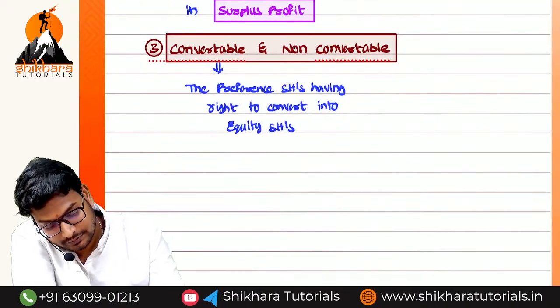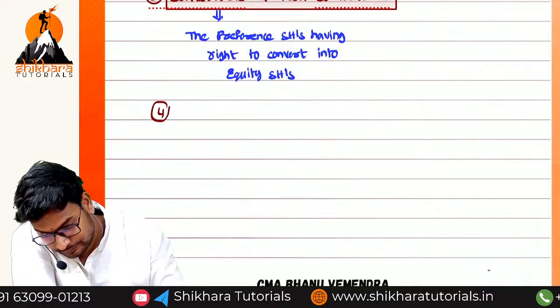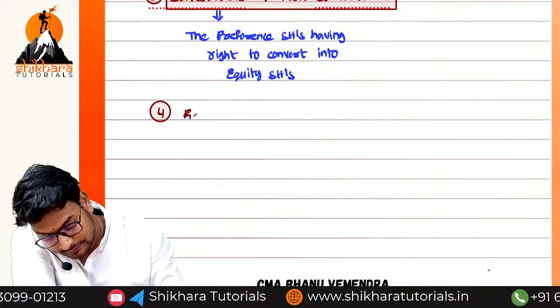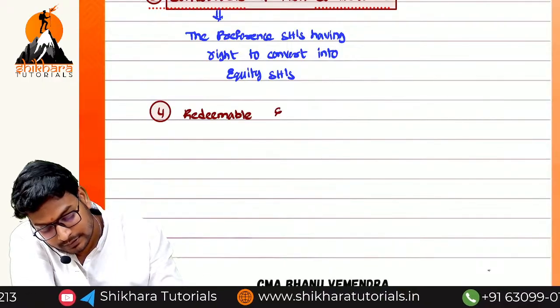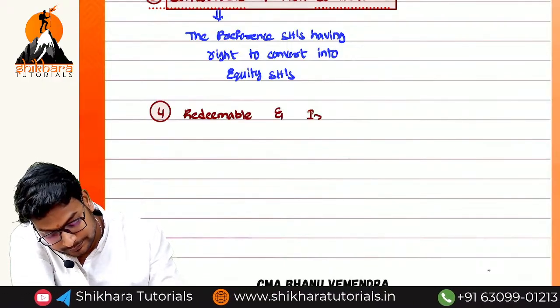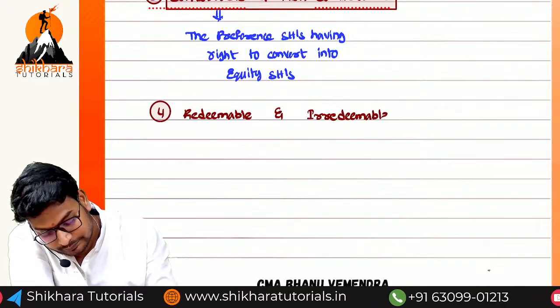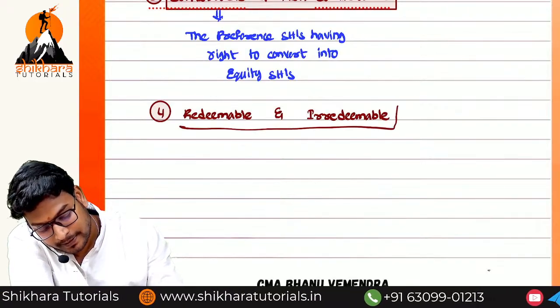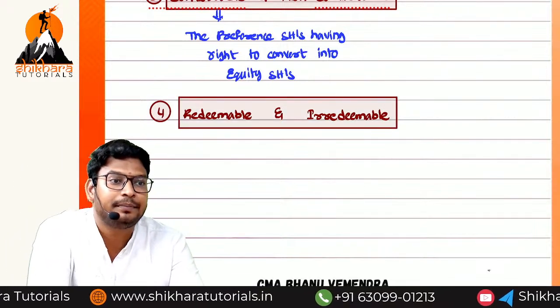Next one, the final point, the fourth one, redeemable and irredeemable. Generally we have to repay, yes or no, ma?